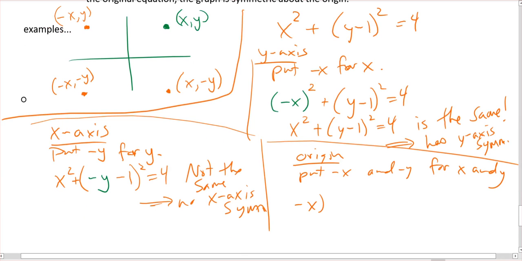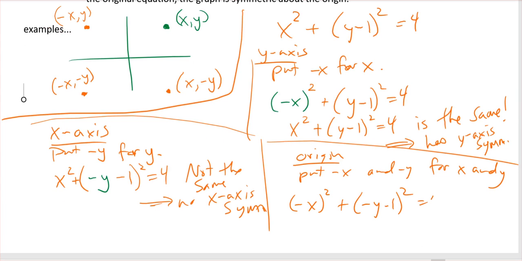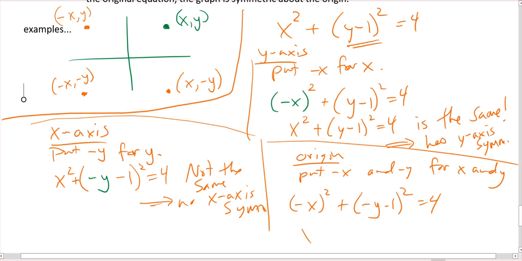So I'm going to have negative x squared plus negative y minus 1 squared equals 4. So this part, pretty clearly not the same, but the x stuff is the same, right? So we got x squared plus negative y minus 1 squared is 4. So we would say no origin symmetry.